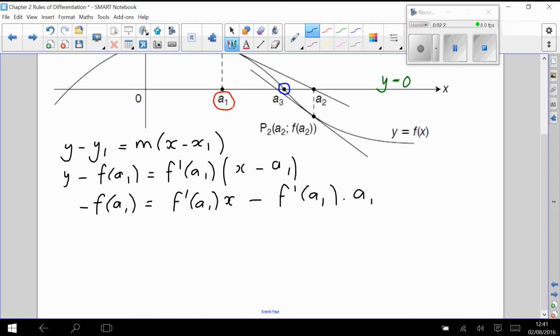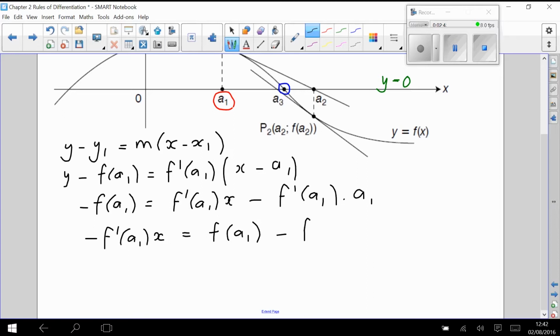In my next step, I'm going to change the subject of the formula so that I can get x on its own. Taking the first term on the right-hand side to the left, I'm going to get minus the derivative at a1 times by x, and then taking minus f at a1 to the right-hand side, that becomes f at a1.